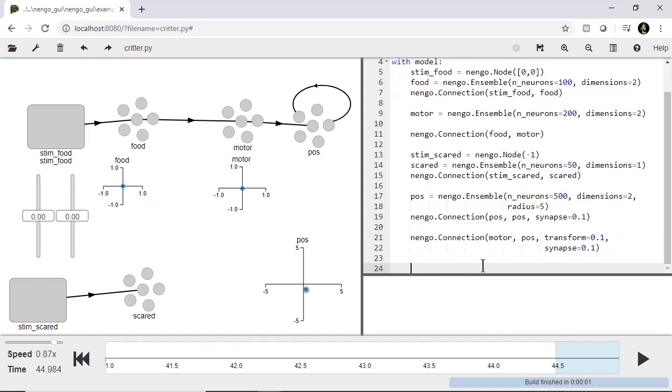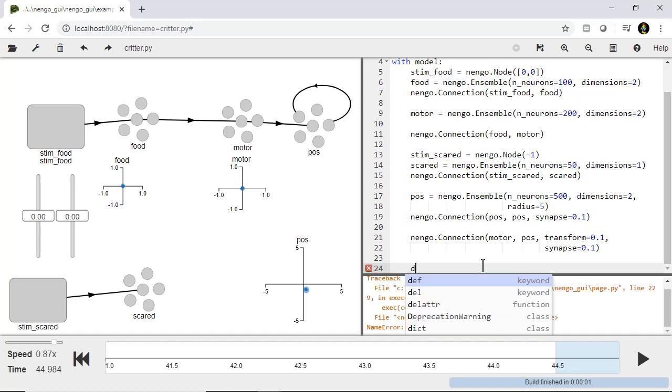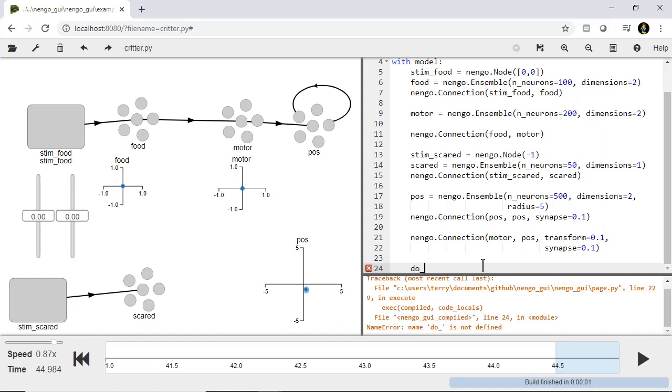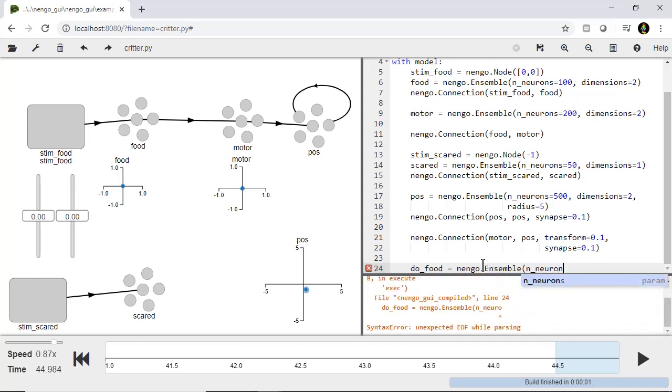Okay, so what do we mean by that? Let's make a group of neurons called "should we do the food?" It's going to be three-dimensional. Or maybe we'll call it go food.